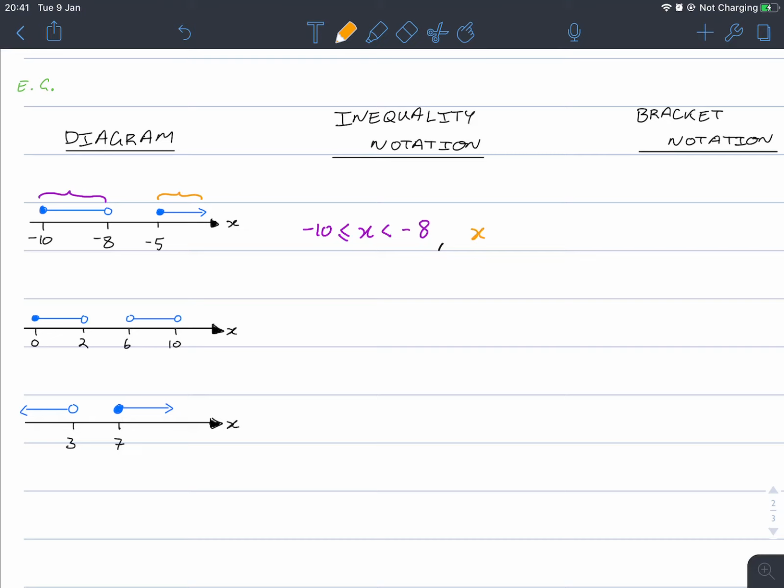That one, x is greater than or equal to, sorry, that should be negative 5, because it is starting at negative 5 with a solid circle, and it goes off to infinity.